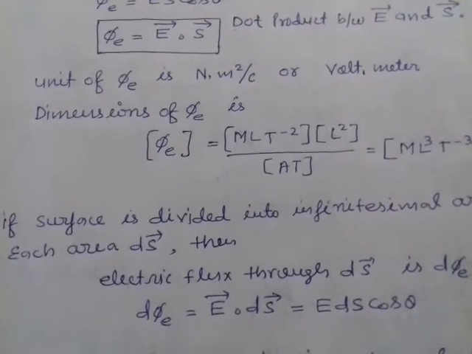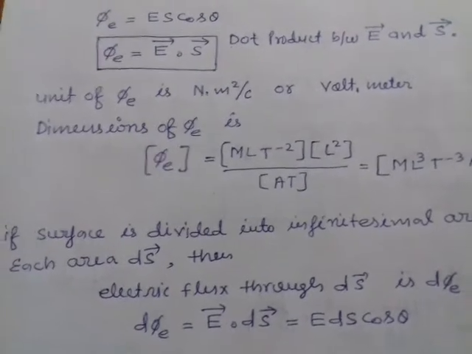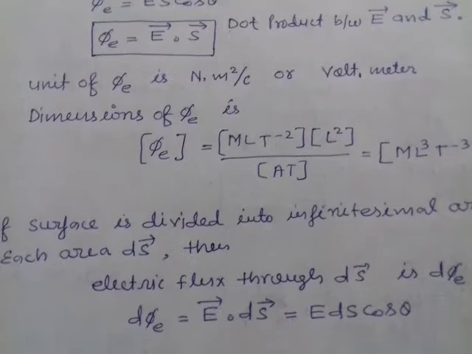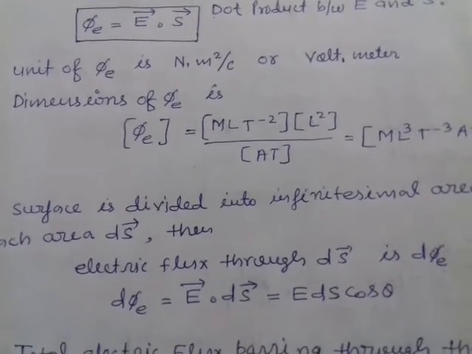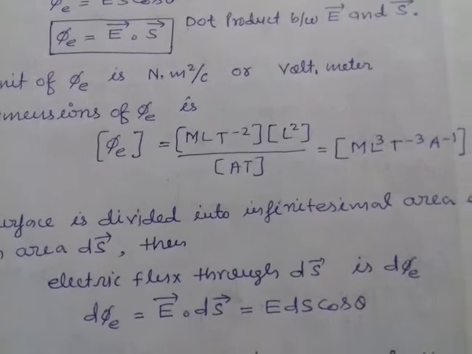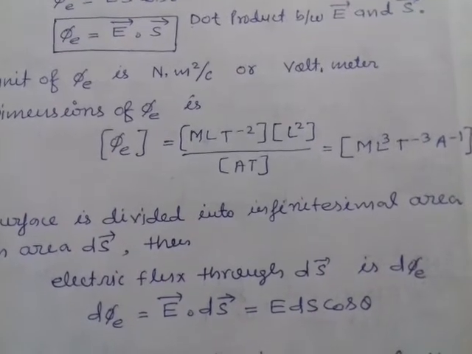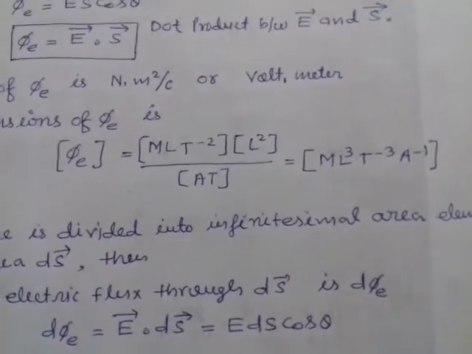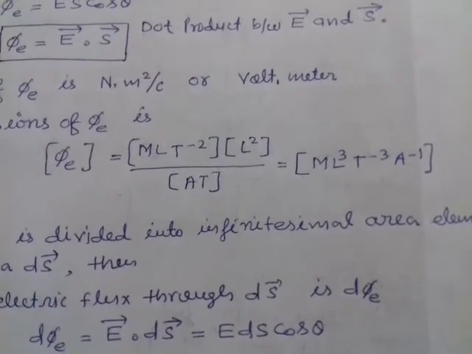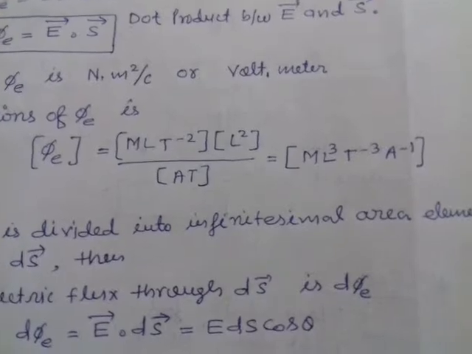Dimensions of phi E is dimensions of force times dimensions of area divided by dimensions of charge, M L T minus 2 L square divided by A T, and finally you have M L cube T minus 3 A minus 1.